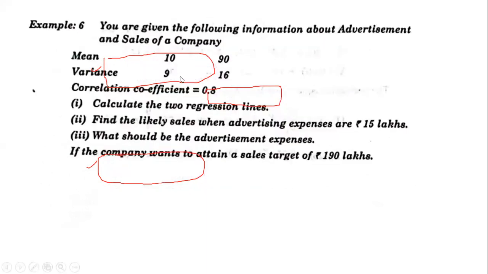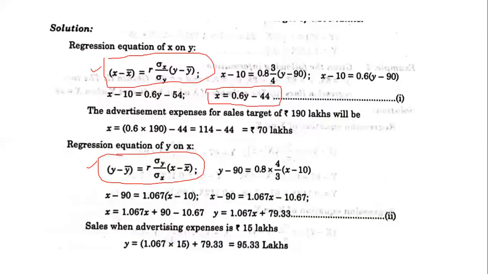Variance of 9 and variance of 16 are given here. To convert variance into standard deviation, you have to take the square root of 9 and the square root of 16, so this becomes 3 and 4. That is how we used it here. Based on this, you will be getting the regression equation of y on x.